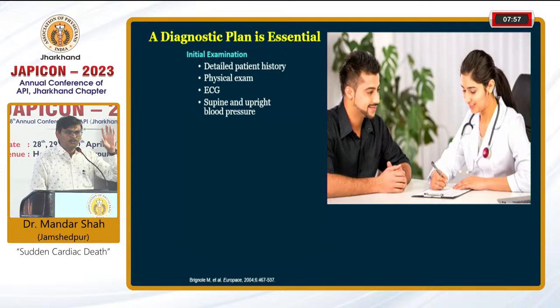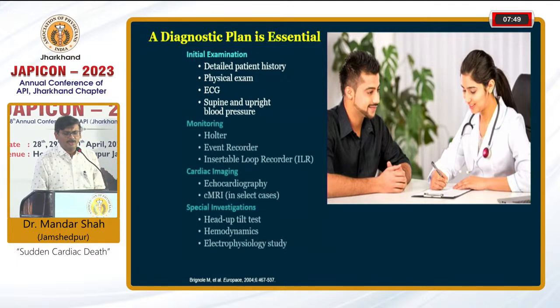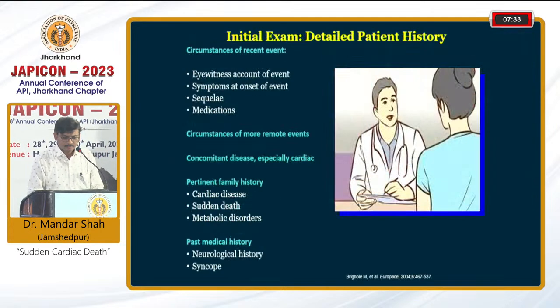So once you take these 4 things meticulously, then 80% of your diagnosis is made. And the rest of the sophisticated investigations, including Holters, event recorders, ILRs, etc., are only going to serve you in 20% of your cases, just to refute or to prove the diagnosis.